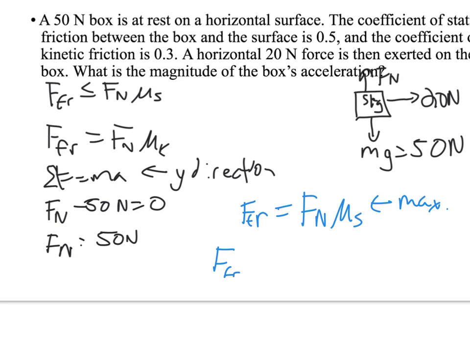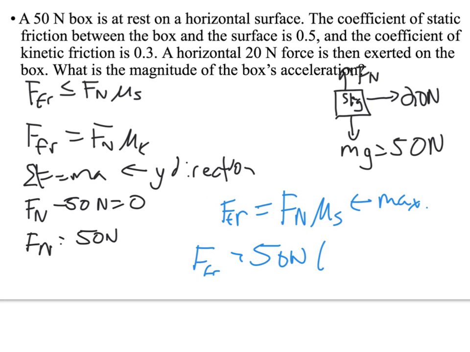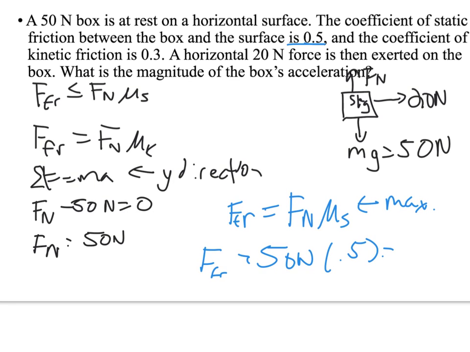My force of friction there is going to be equal to my normal force of 50 newtons that I solved for before, times the coefficient of static friction between the box and the surface, which the problem told us was 0.5. That means I have a maximum of 25 newtons of friction force acting on my box statically without moving.